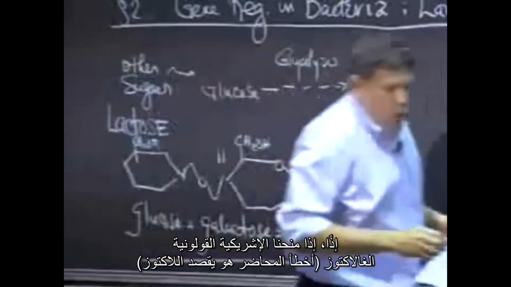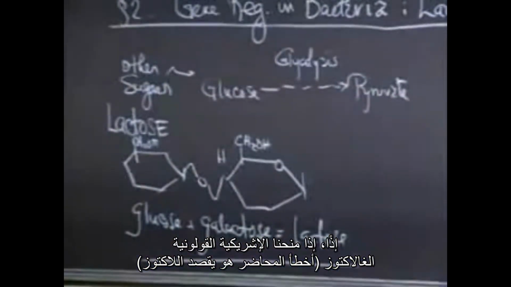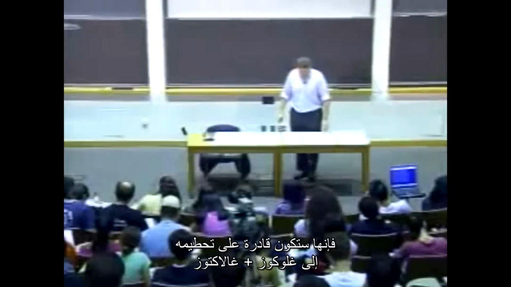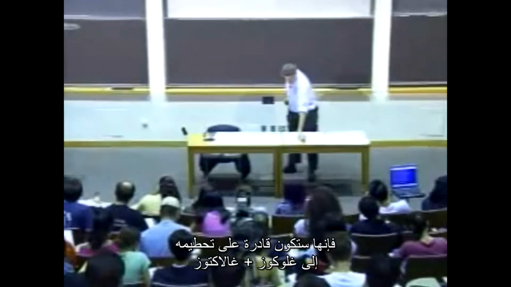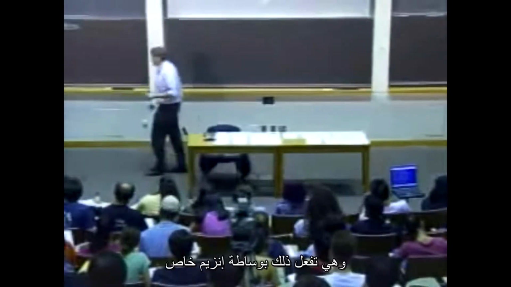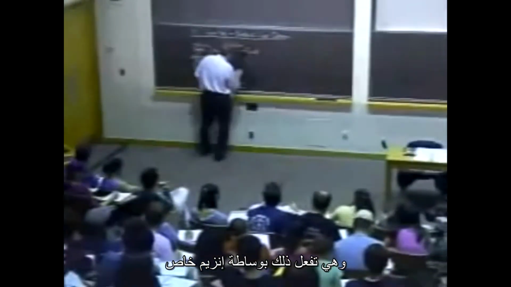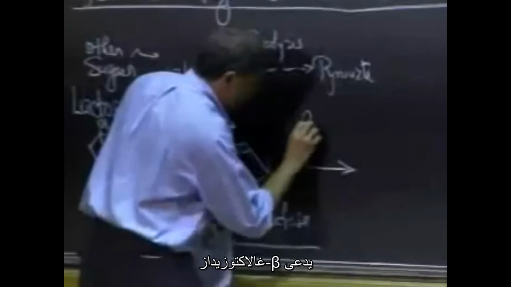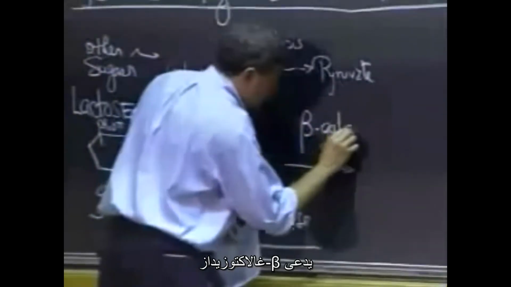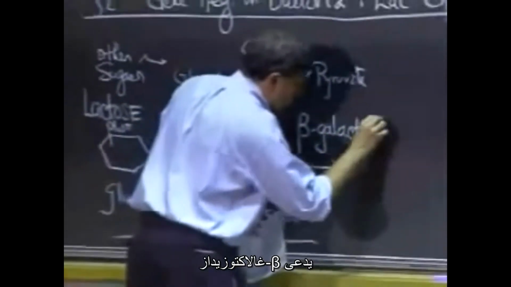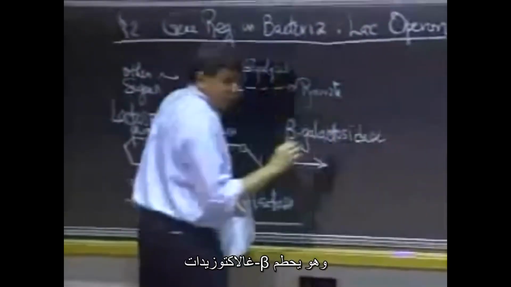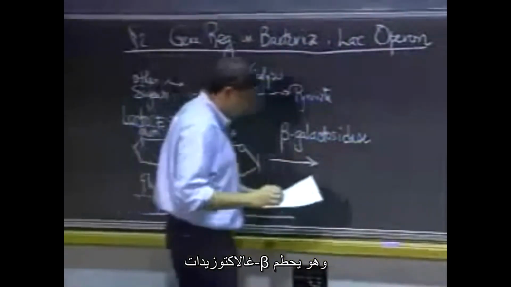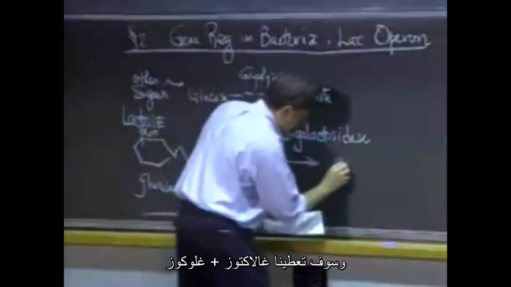So if E. coli is given lactose, it is able to break it down into glucose plus galactose. And it does that by a particular enzyme called beta-galactosidase, which breaks down beta-galactosides. And it'll give you galactose plus glucose.